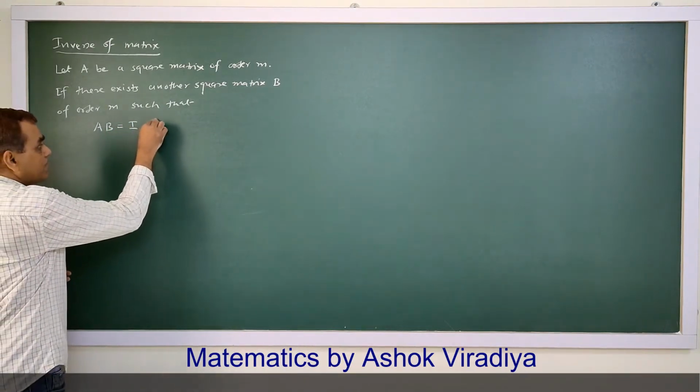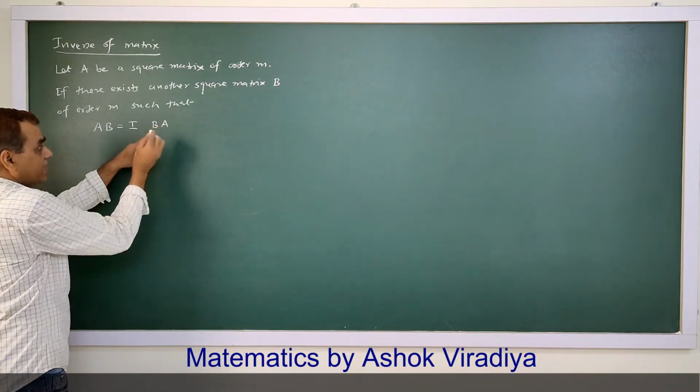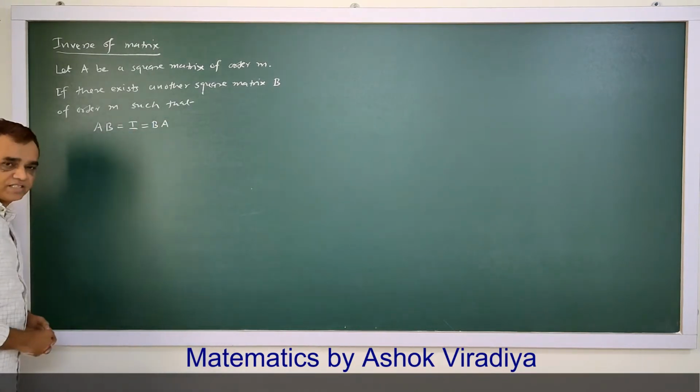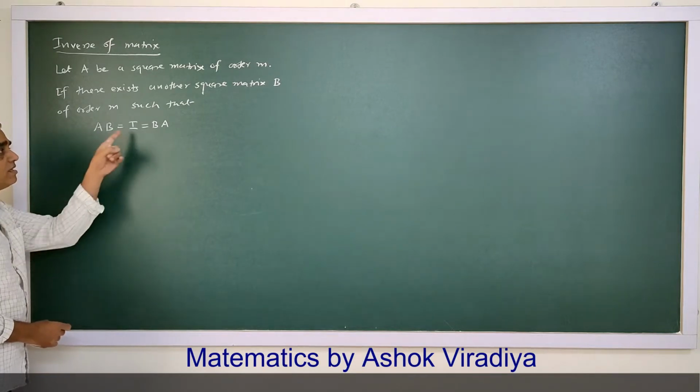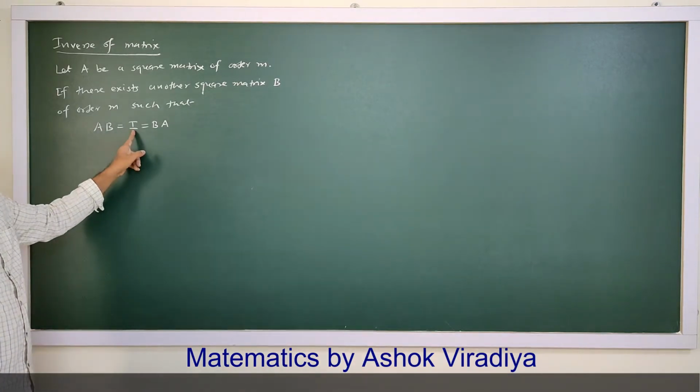Or if you multiply B from left to A, then also we get identity matrix. This is identity matrix of order n.